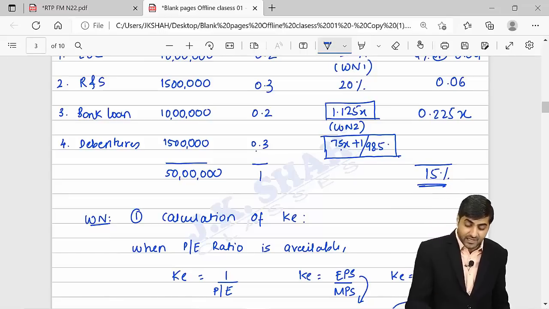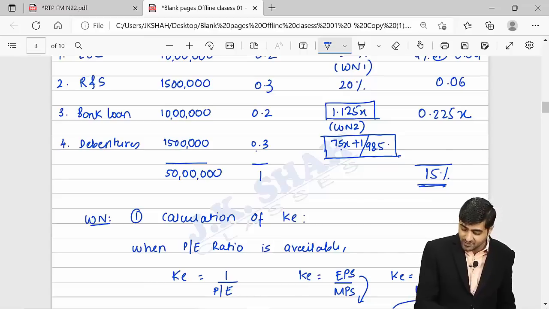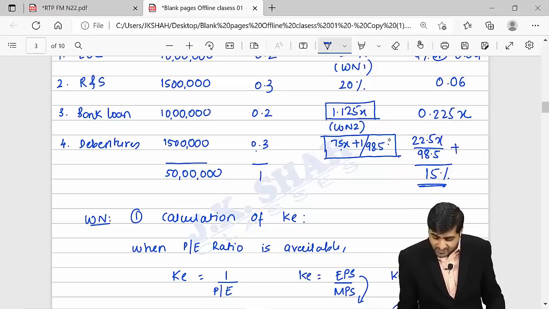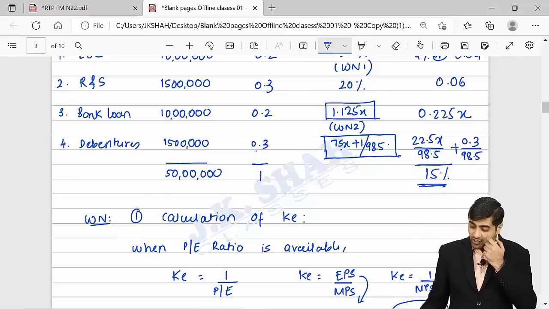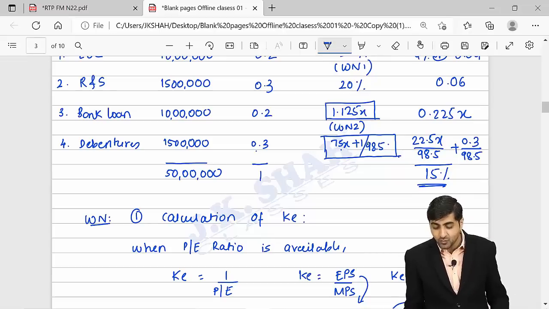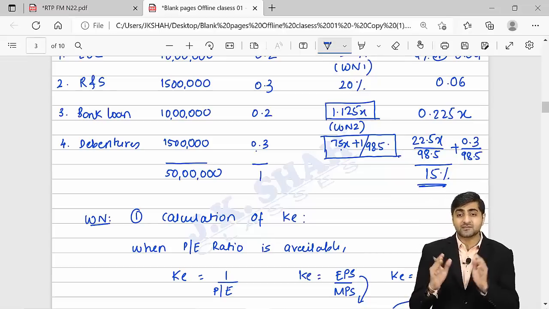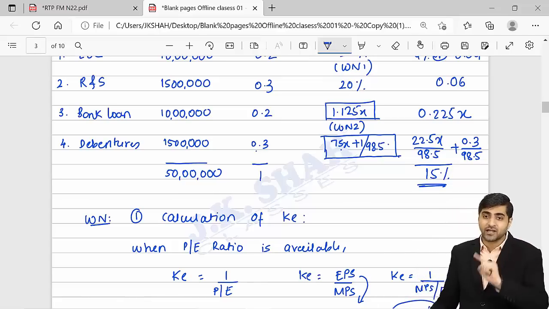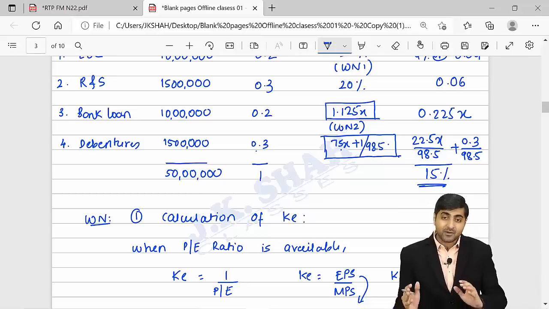So 75x, I multiply this by 0.3, I will be getting 22.5x upon 98.5 plus 1 into 0.3, that is 0.3 upon 98.5. So basically what I have done is 75x plus 1 upon 98.5, I have just split that up to 75x upon 98.5 plus 1 upon 98.5. So that we have multiplied by 0.3.